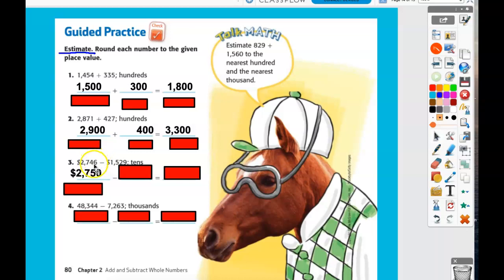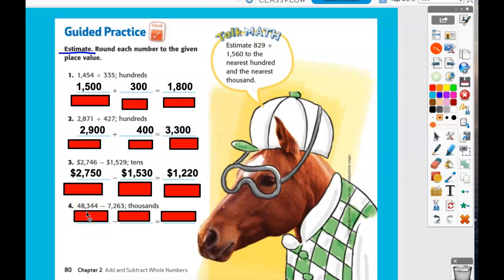We rounded up because this number was 5 or more. 1,529, we're rounding to tens, becomes 1,530. And if you take $2,750 minus $1,530, you get a whopping $1,220. Did you get it right? If you did, give me 2 hands up in the air.